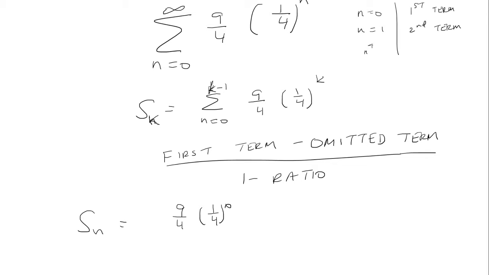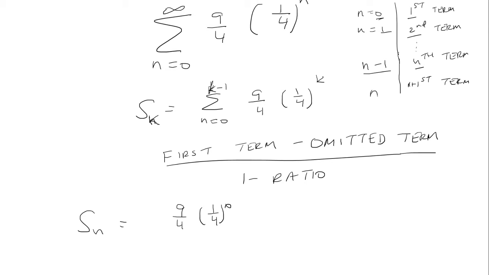So if you're looking for your nth term, n here is n minus 1. Look at the difference here. The difference is always 1. So the omitted term will be the term after the nth term, the n plus first term.